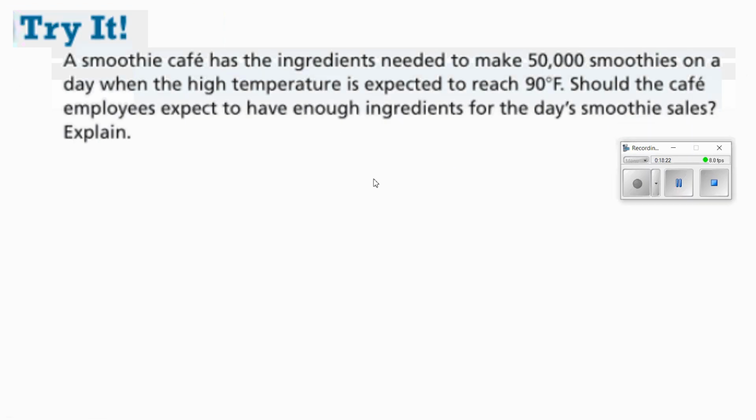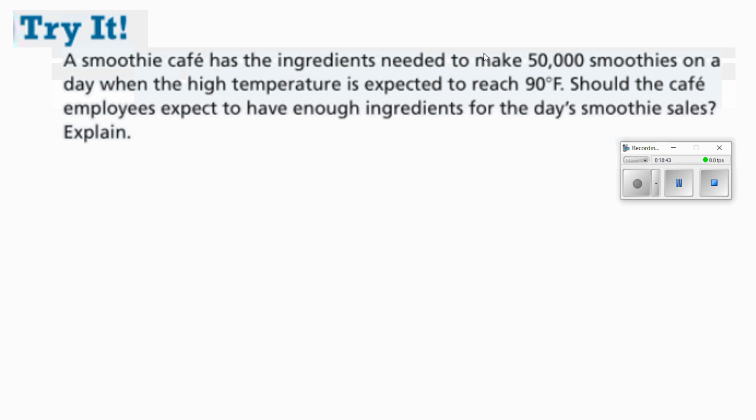All right, it says the Smoothie Cafe has ingredients needed to make 50,000 smoothies on a day when the high temperature is expected to reach 90 degrees Fahrenheit. Should the cafe employees expect to have enough ingredients for the day's smoothie sales? Let's see.